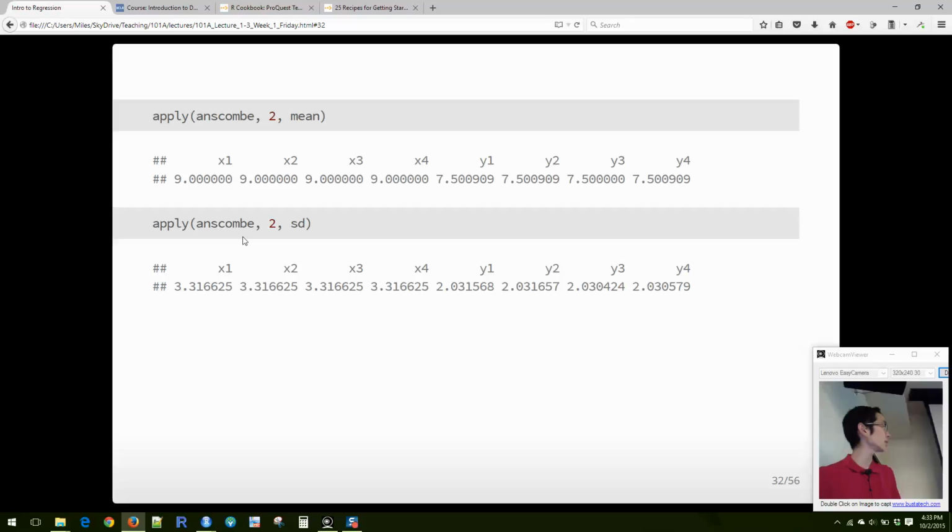We look at the standard deviation for the x variables, and we see that it is exactly the same also, 3.32 effectively for all of them. And for y, the standard deviation is also about the same, 2.03 for all 4 data sets. So far all of these things look about the same.